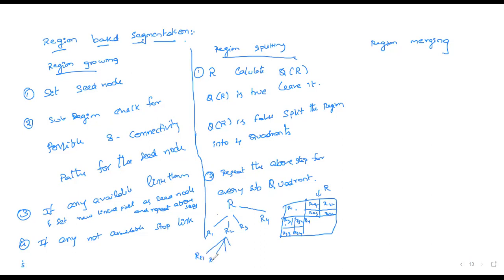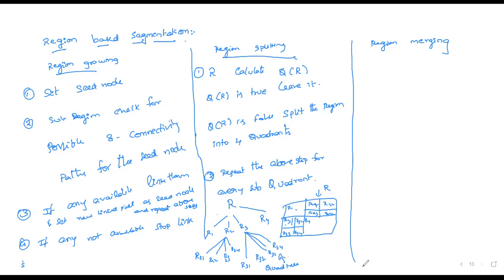R21, R22, R23, R24. R3 also split into 4 parts. R31, R32, R33, R34, like that. So you have to draw like this. This is called a quad tree. Okay, quad tree. So this is region splitting.